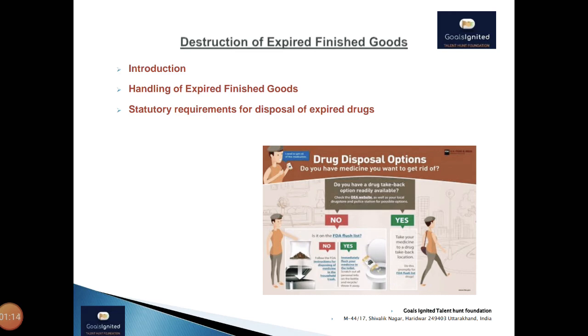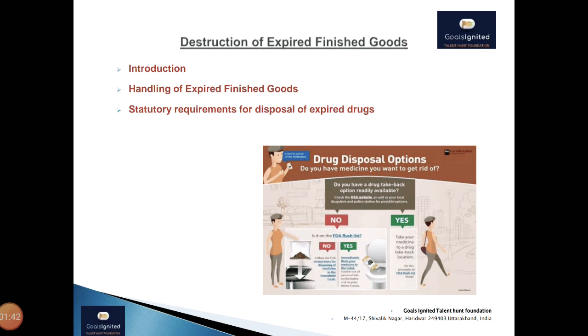If it is not on the FDA flush list, then you require proper and safe disposal through the ETP plant, or household trash or anything similar. So these are the two options: if the medicine is on the flush list, or if it is not. And the third option is available if you are required to take the medicine back to the main wholesaler or the manufacturer.